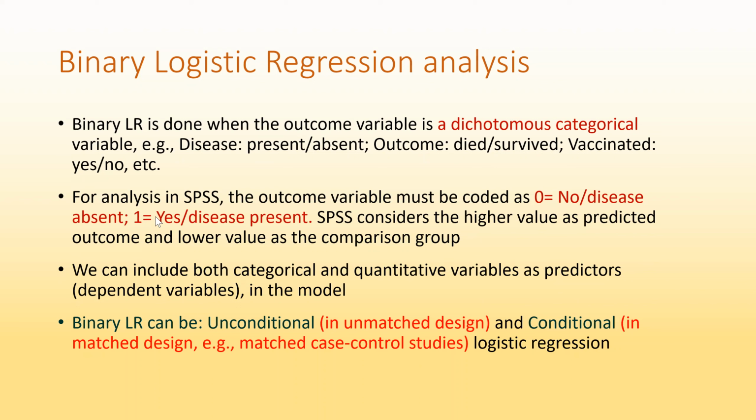That is, it will give us the estimation of risk for the upper value. We shall discuss this again. In logistic regression, we can include both categorical and quantitative variables as independent variables.